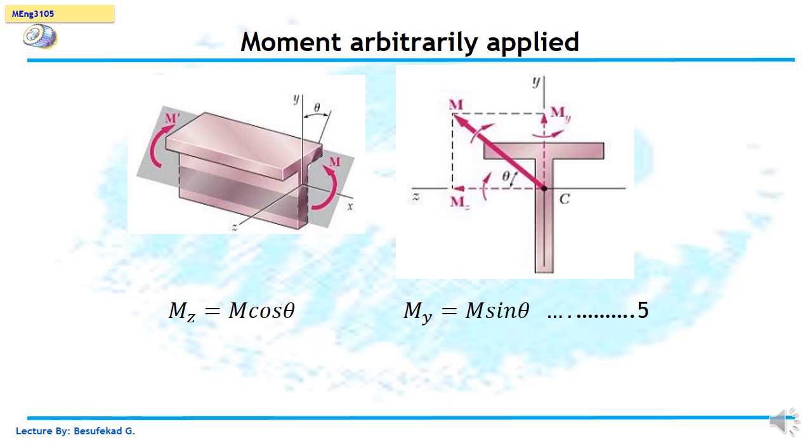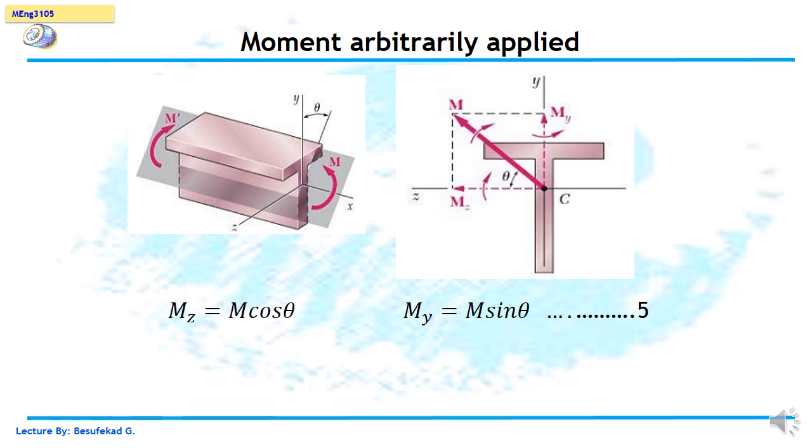So I consider this point, and this should be multiplied by z. Is it a positive or negative distance? Whenever you apply a couple like this, this point specifically is subjected to tensile stress. So clearly it is positive. The stress direction is x.